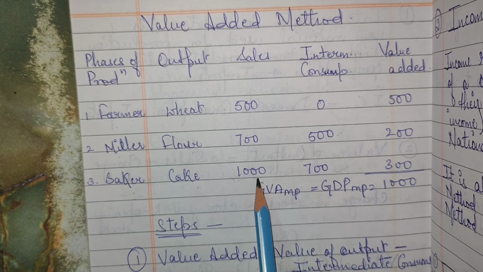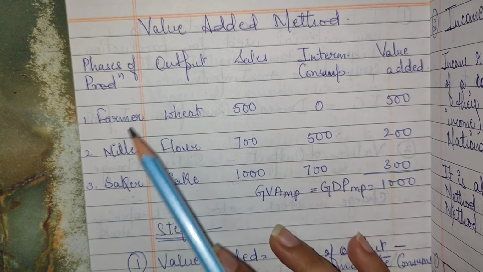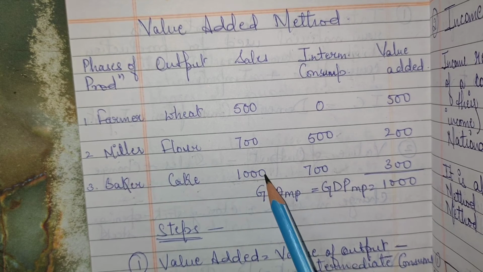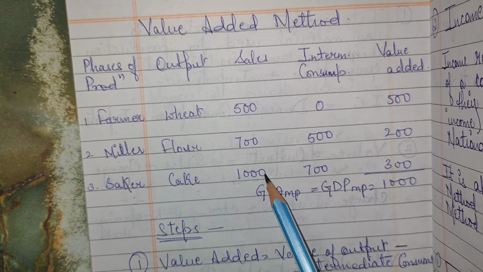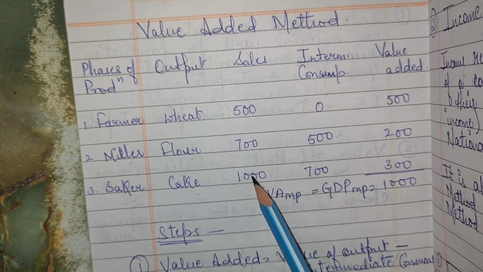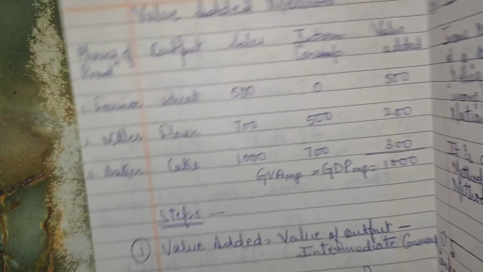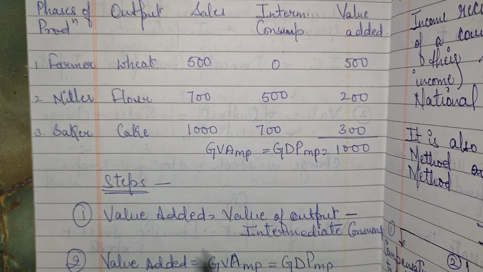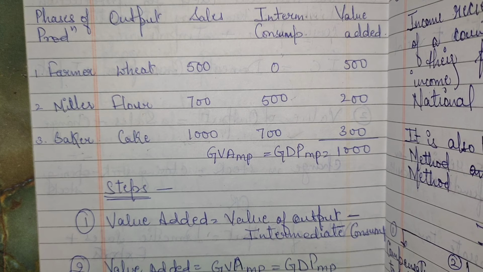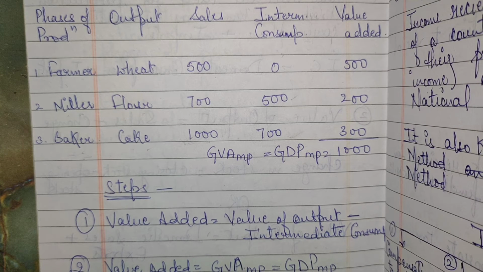Sales is given. So sales is that 500 of farmer, 700 of miller, and 1000 of baker. Intermediate consumption, suppose this is just an example to make you understand how you will calculate the value added method. Okay, value added method से आप national income कैसे निकालेंगे.